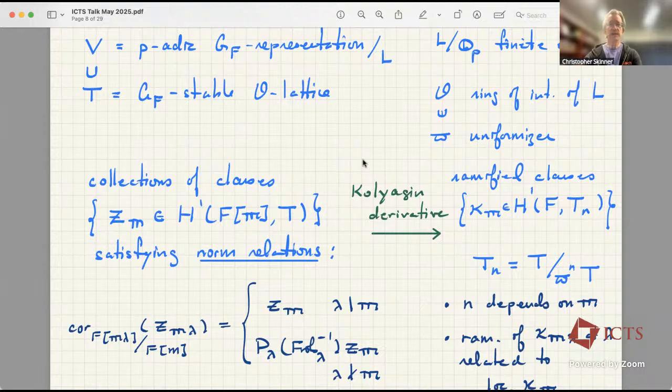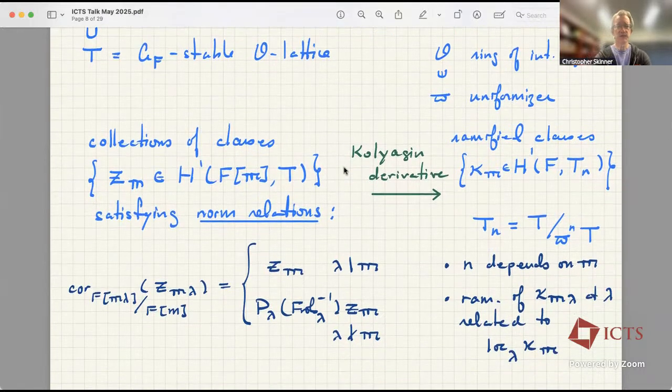This works when the classes comprising the Euler system satisfy certain norm relations. There are compatibilities amongst them when you add primes to the modulus. So if I look at the modulus m times lambda for some prime lambda of F, so this class lives over the ray class field of m lambda, I can look at the corestriction of that class, and I can ask to compare it with the class z_m for the modulus m.